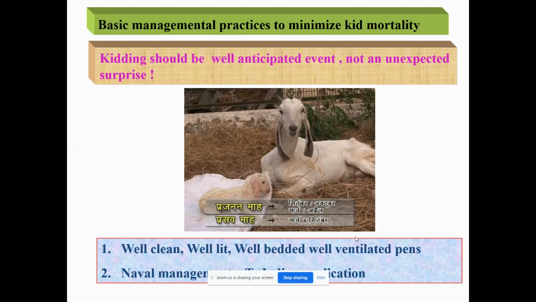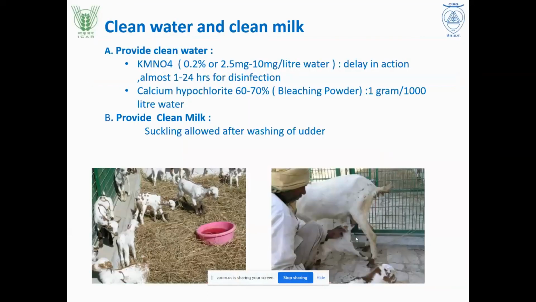The basic thing is to have a clean, well lighted, well bedded, well ventilated pen, providing a better environment to the younger animal. Second most important is navel management, to avoid any risk of pathogen entrance through the damaged navel. Clean water and clean milk are the basic principle to avoid oral infection.